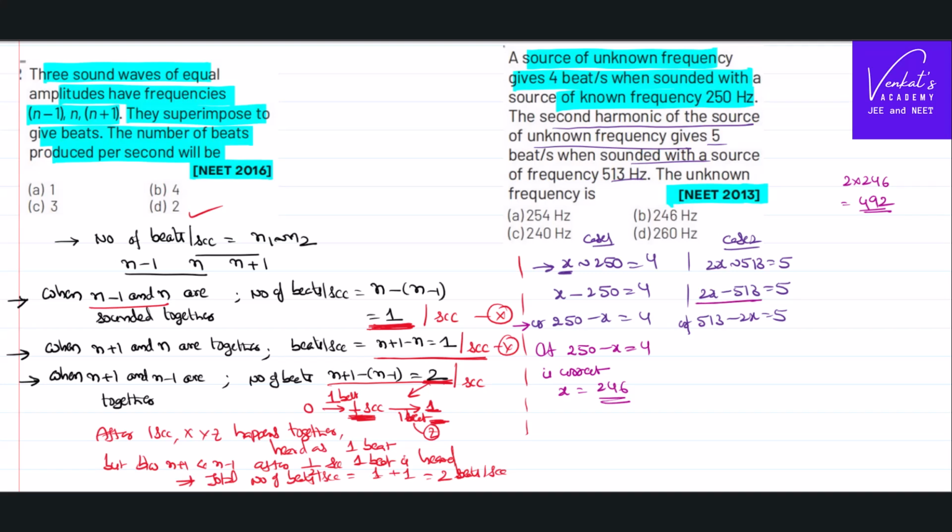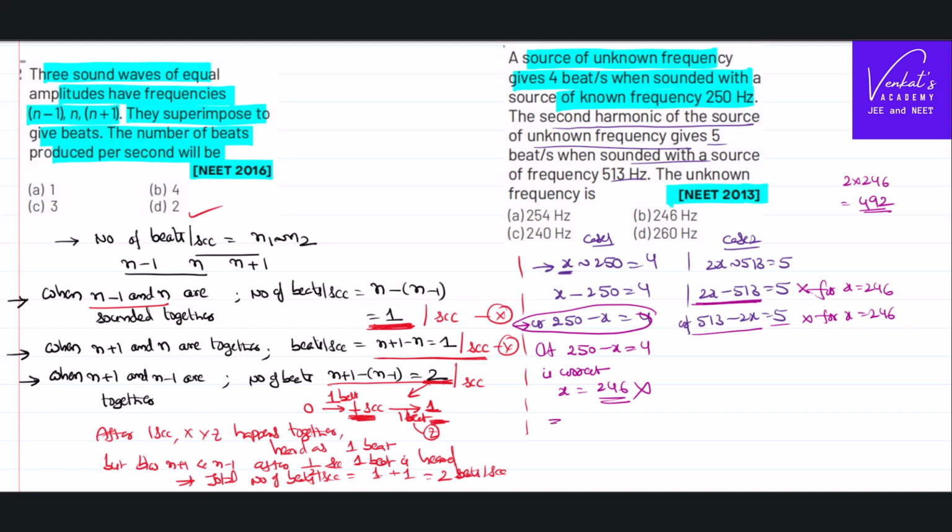So 492 minus 513 is not equal to 5. So this equation goes wrong for x equal to 246. And here also 513 minus 492 is not equal to 5. So this equation also goes wrong for x equal to 246. So x cannot be 246.